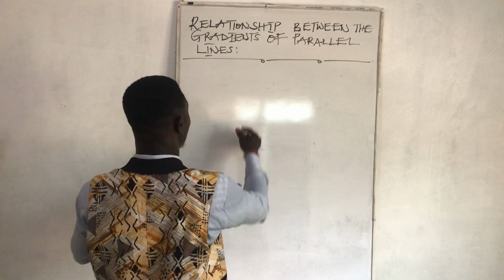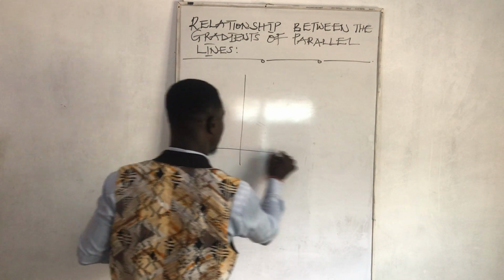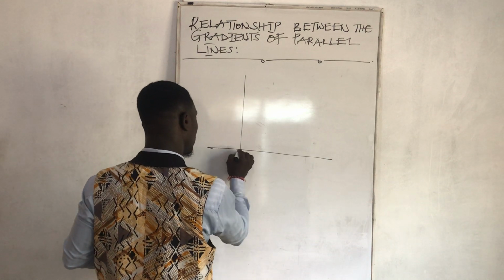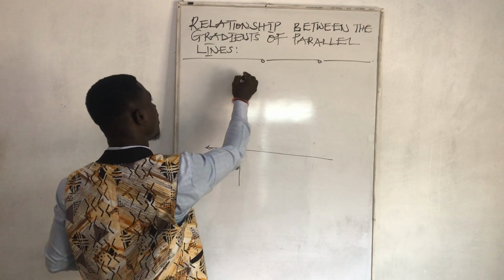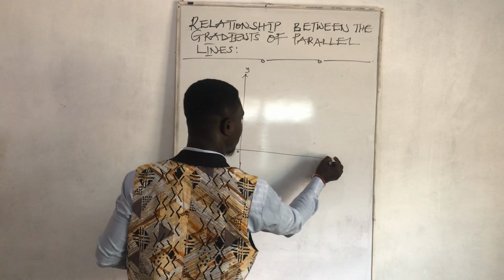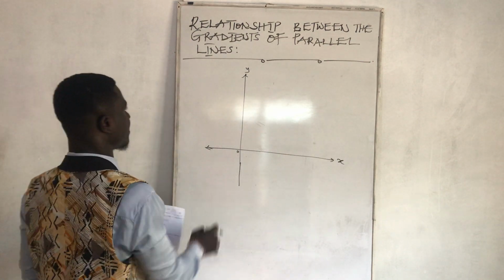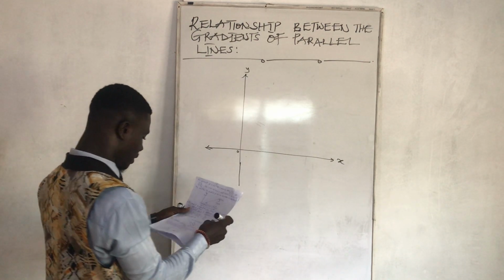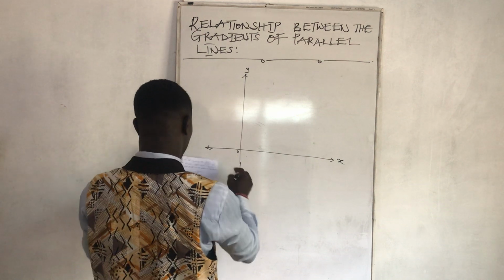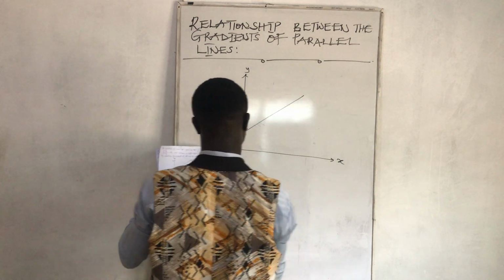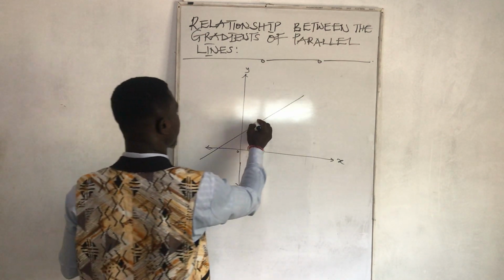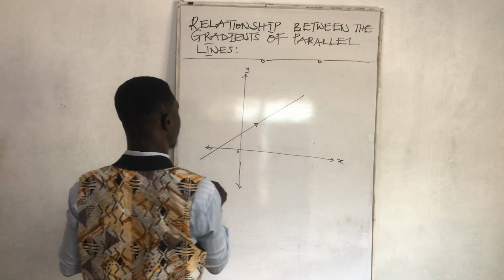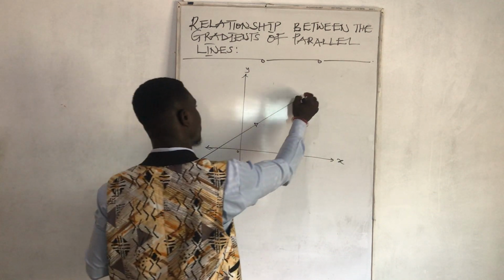In the diagram, we have our two-dimensional plane, with our origin, the positive y-axis, then the positive x-axis. Let's assume that we have this line, let's name it line AB.